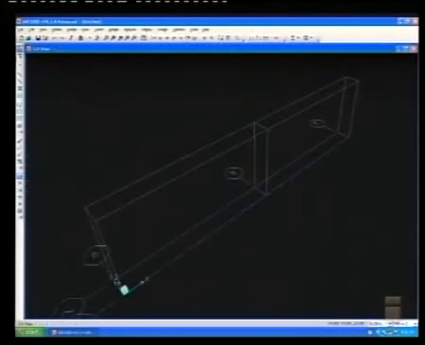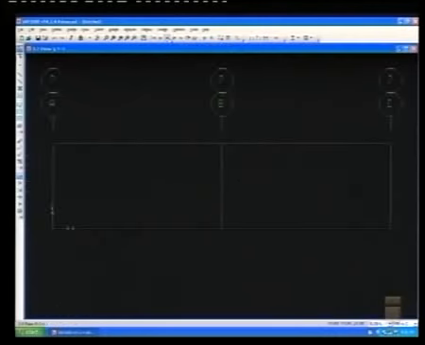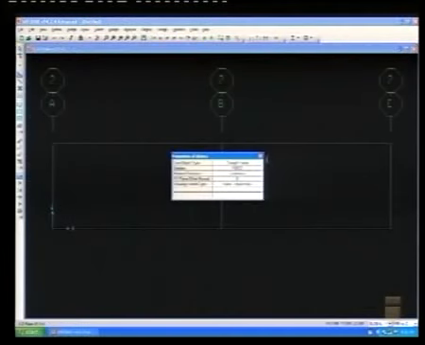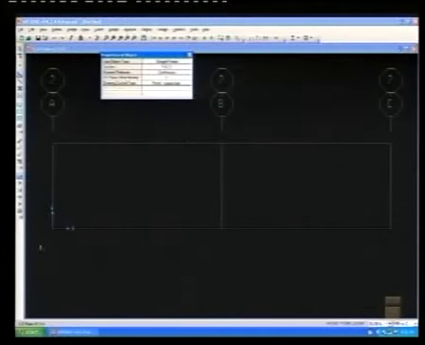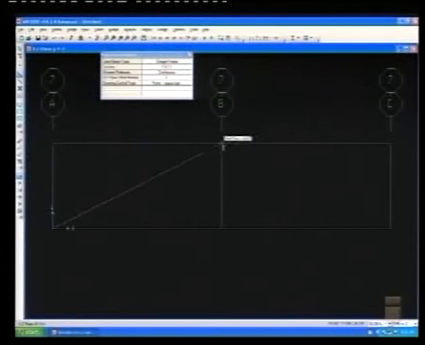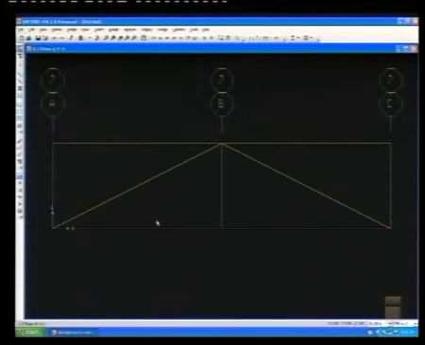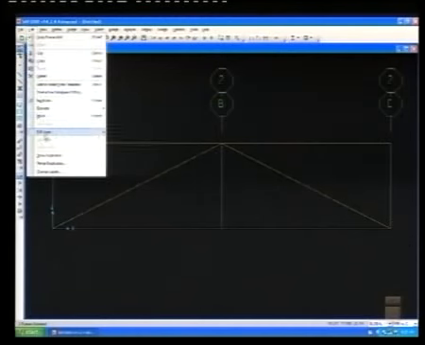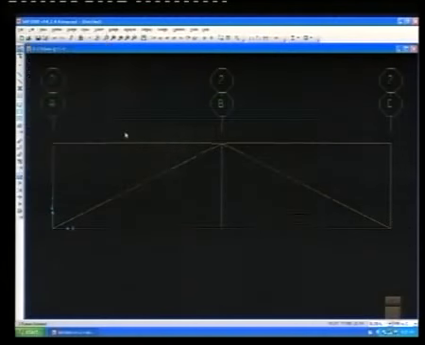Let us do XZ plane and draw the members of the truss. Now, to draw the diagonal member, we just divide these into two, edit lines, divide frames.